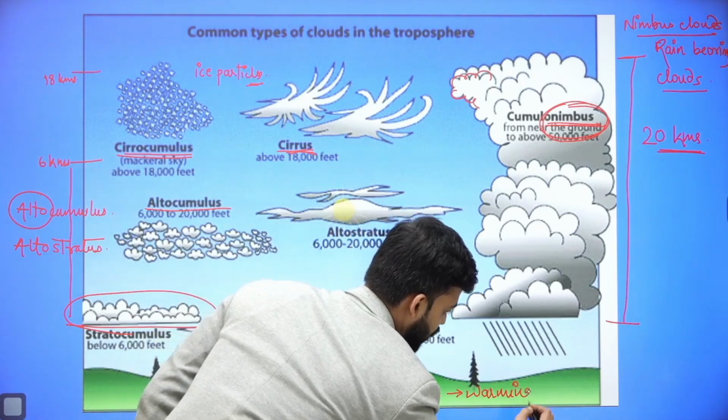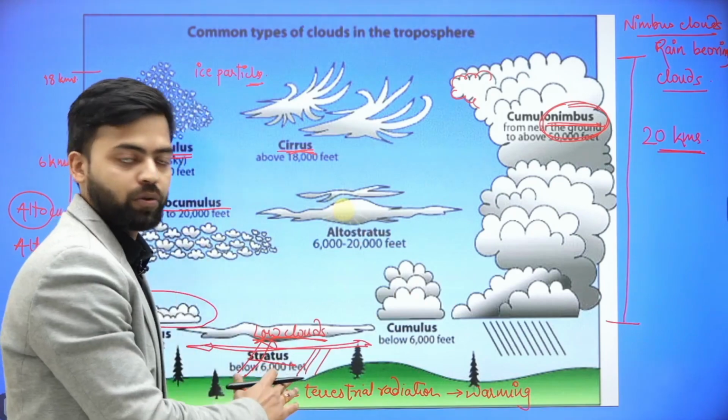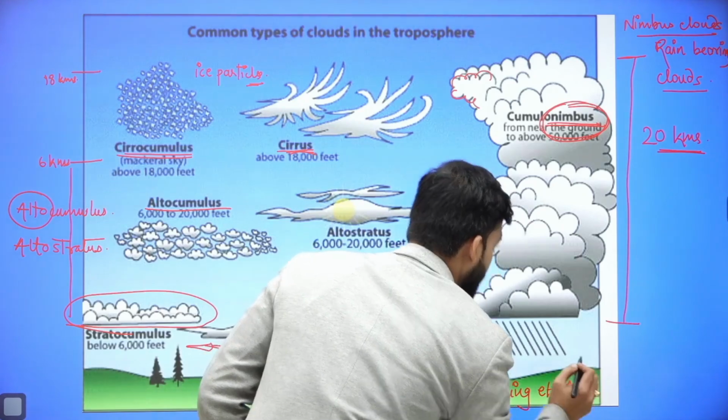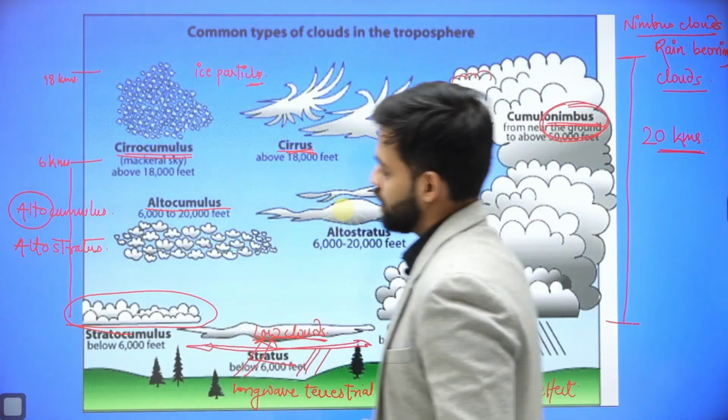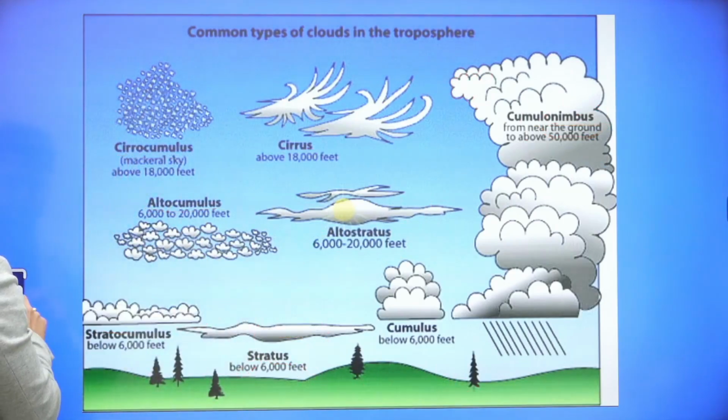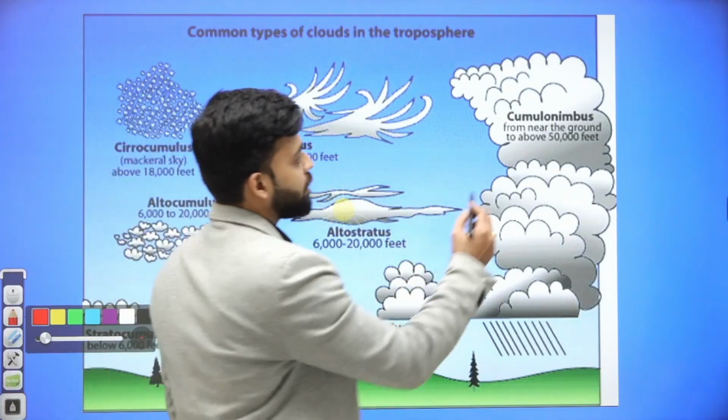So this is the role of lower stratus clouds. Now as far as thunderstorm is concerned, thunderstorm is basically associated with cumulonimbus clouds.